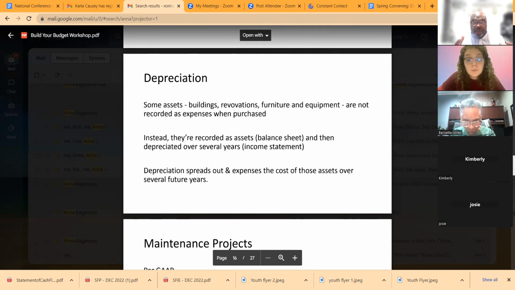But then they're depreciated on the income statement in terms of depreciable value. Let me try to be clear with this again. They're recorded as assets on a balance sheet, but when they're depreciated over years, they come back on the income statement.